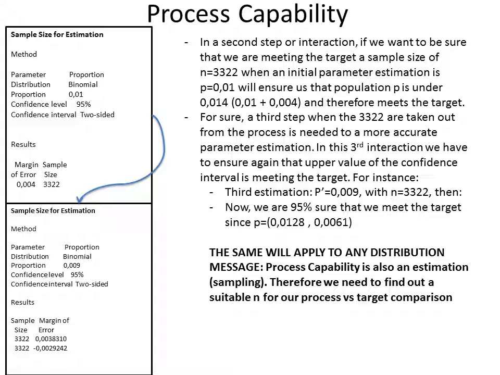So now we are 95% sure that we meet the target, since this is our new confidence interval. So the same will apply to any distribution. The message is that process capability is also an estimation due to sampling. Therefore, we need to find a suitable N for our process versus target comparison.